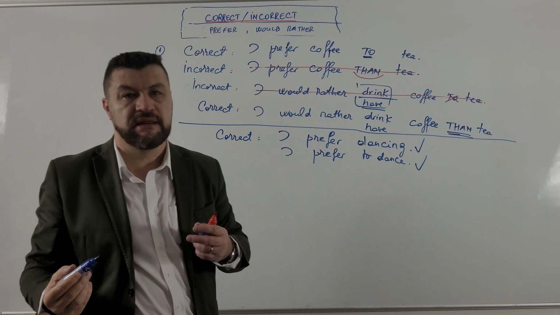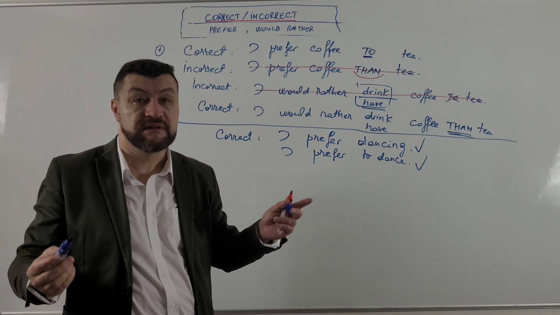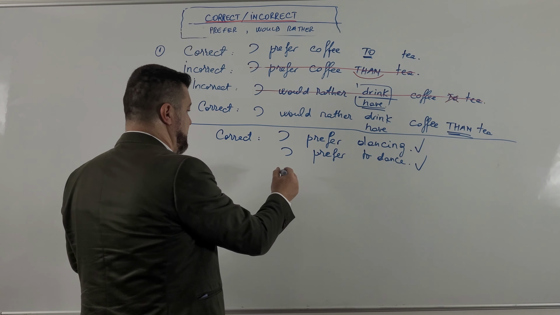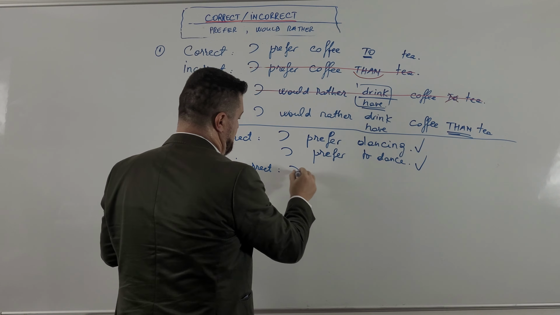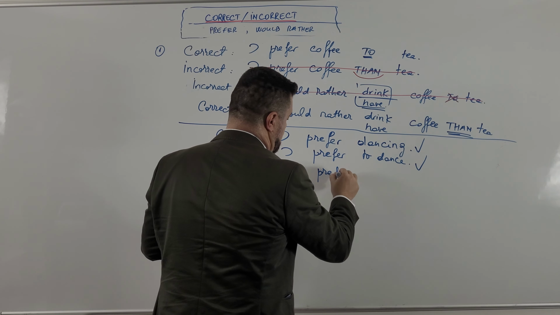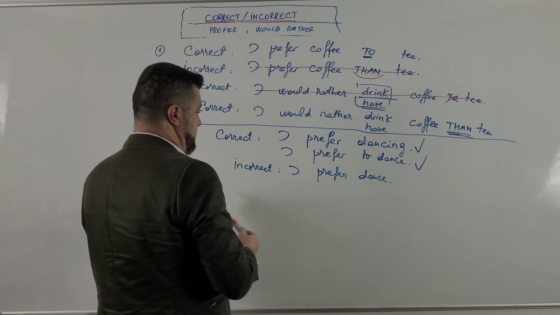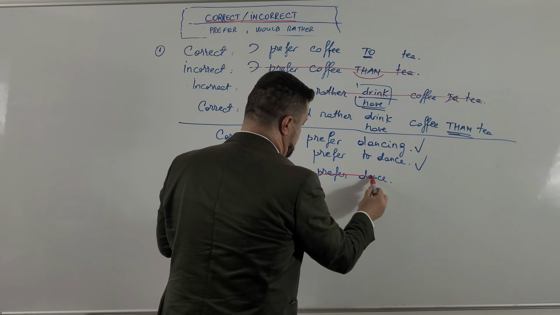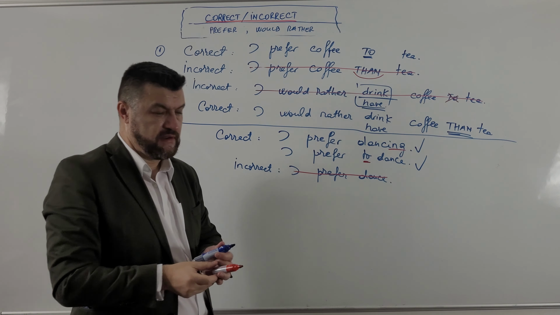So the mistake that you can make here is by saying I prefer dance. No. So let's say incorrect. This will be the wrong one. I prefer dance. No, I prefer dancing, I prefer to dance.